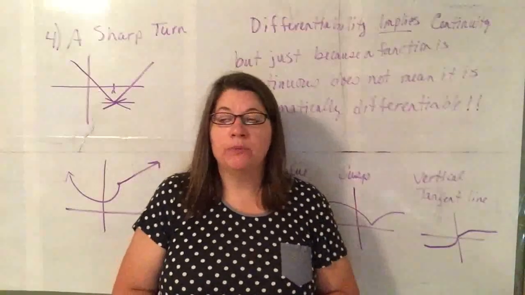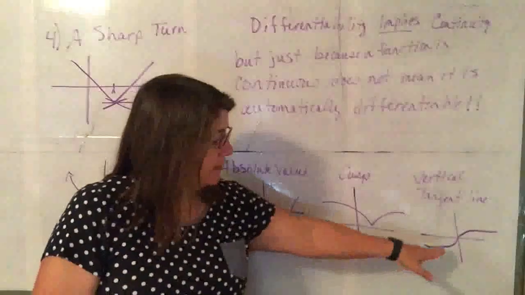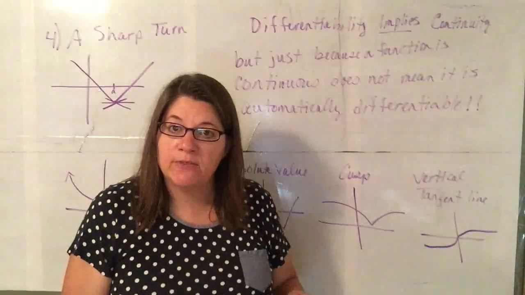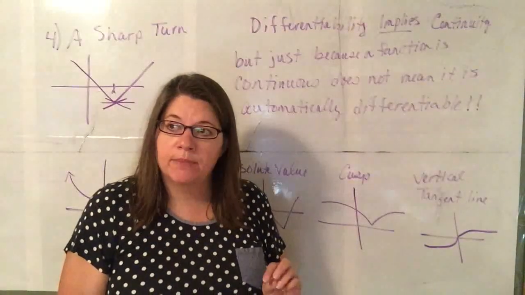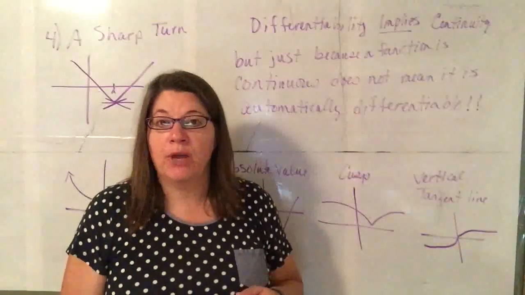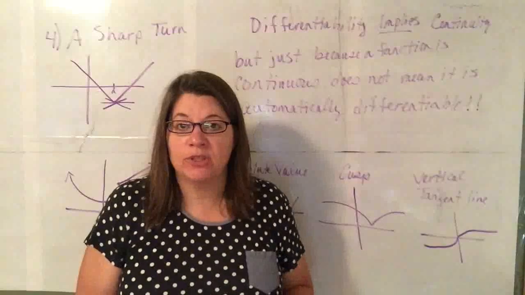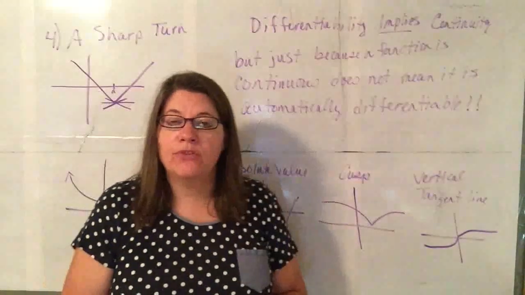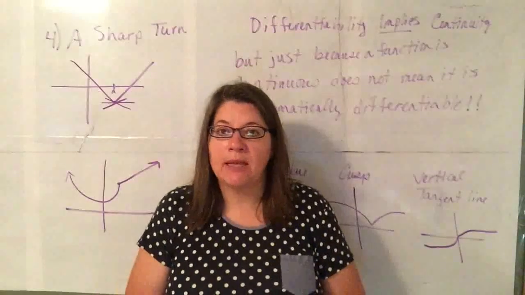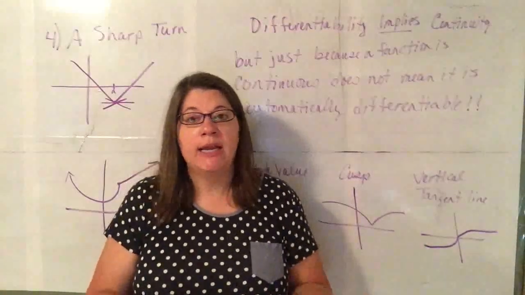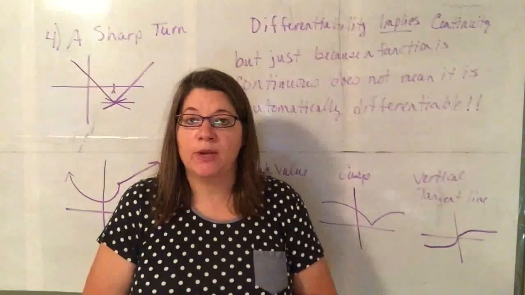If they give you a curve like this, and when you go to plug into the derivative, you get an undefined slope at the tangent line, then again, it's not differentiable at that point because the slope of the tangent line at that point was undefined. So there are several different cases that might be, and they'll just ask you if it's differentiable at that point or not, and you just have to determine if it's one of the special cases.